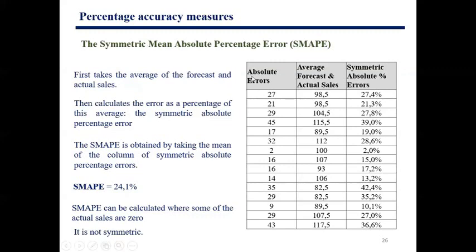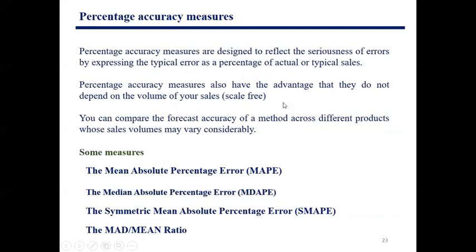So here what you will do, first, you take the average of the forecast and the actual sales. It means you have your actual sales, you have your forecasts. Just calculate the average of the two values. For example, here we have 98.5, which is the average.